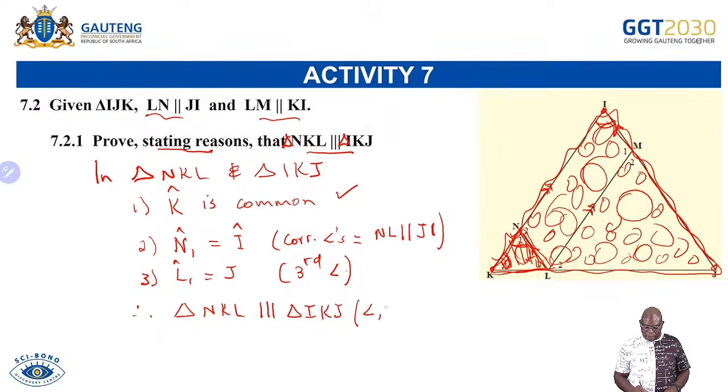Reason, angle, angle, angle. What does this mean? It means that this angle, that angle, and that angle. It's 3 of them. Angle, angle, angle. In similarity, it's angle, angle, angle. Please, you must make sure all the sides can be corresponding. Okay? Right.